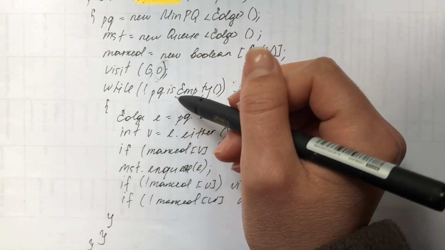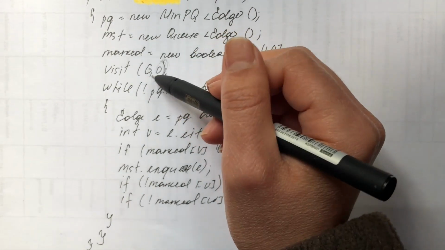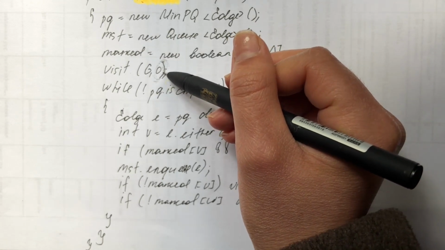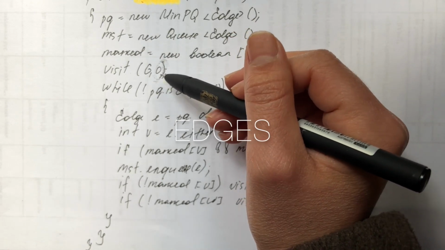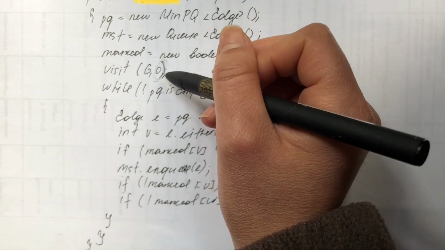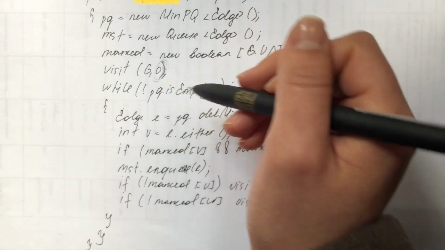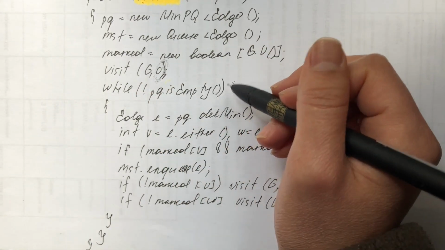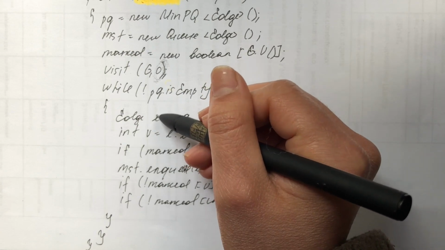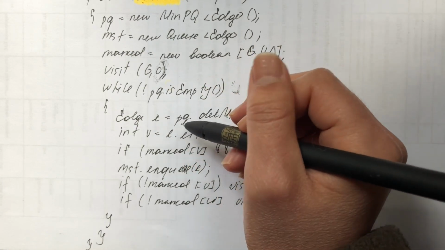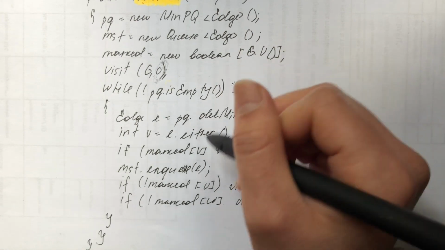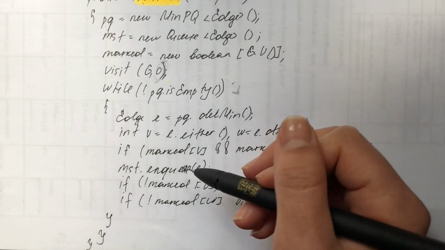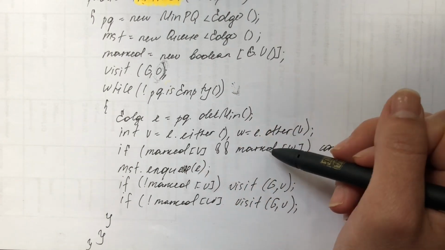In that method we insert the edges adjacent to this vertex into our priority queue, and then while the priority queue is not empty, we extract edges from it. We take the minimum one and check if the vertices are visited.